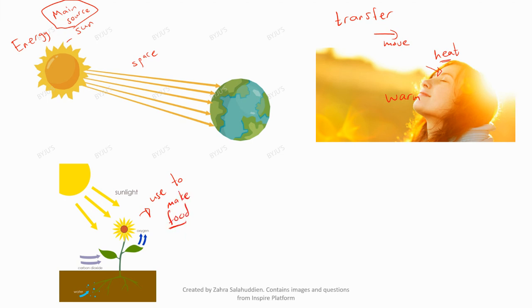Remember, we learned in the first lesson that food is chemical energy, and that's how we get our energy. The first place the energy came from was the sun, and the plant took it and made it into food, chemical energy. And right now, we have energy in our body because of the food that we ate.